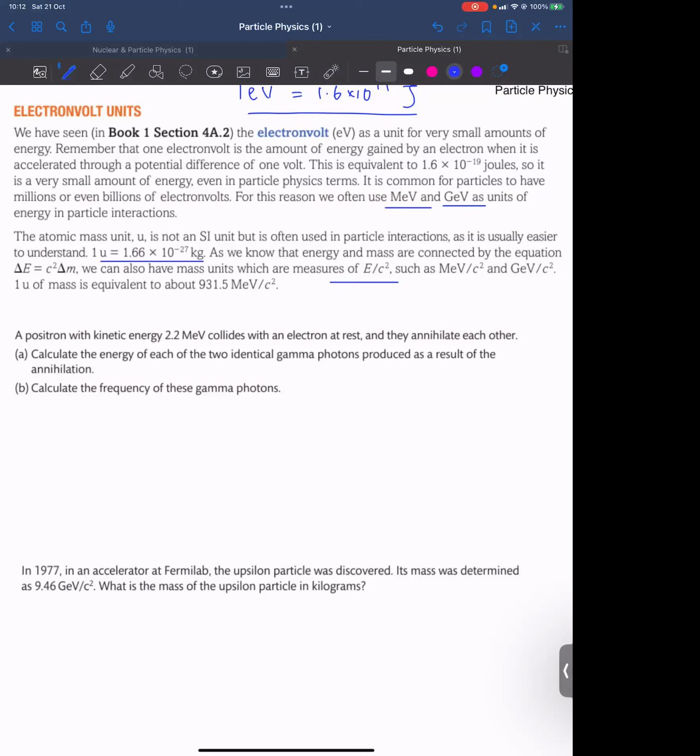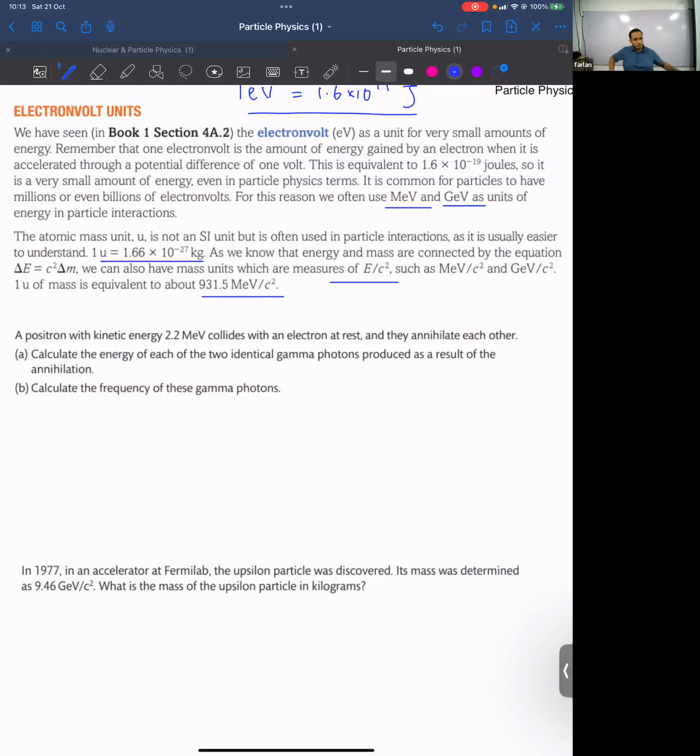We can also have mass units such as mega electron volts over c² or giga electron volts over c². 1 u of mass is equivalent to about 931.5 mega electron volts over c².